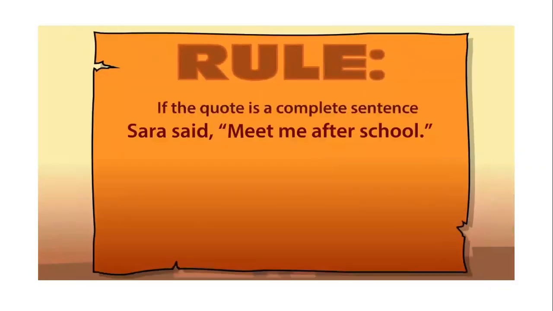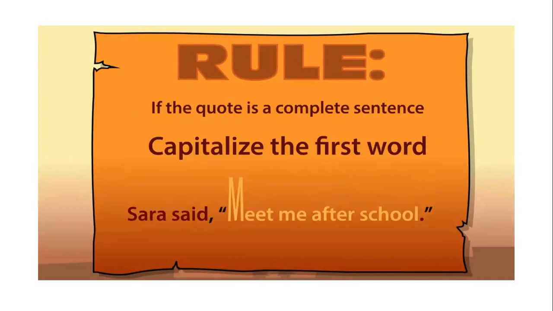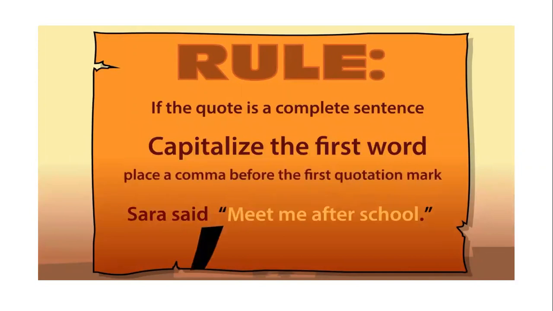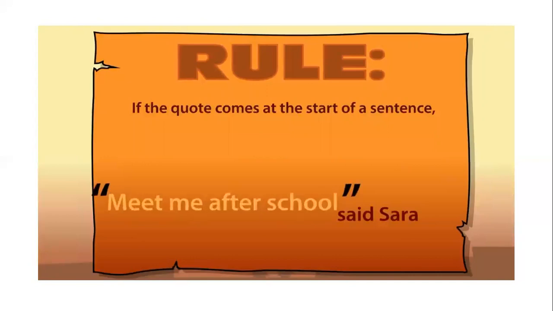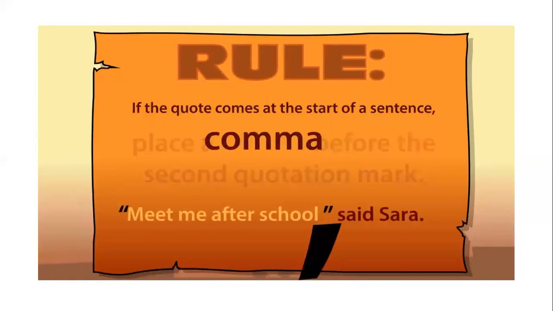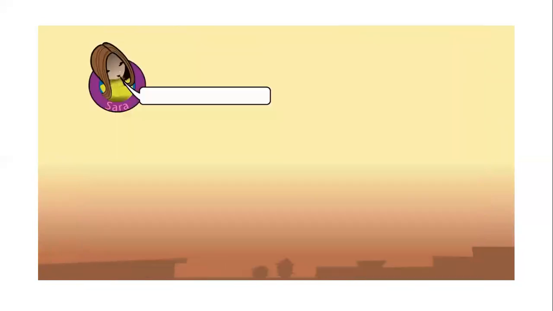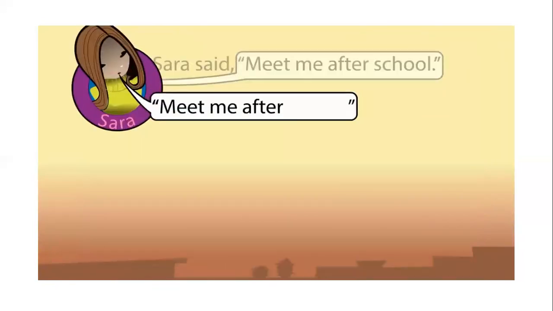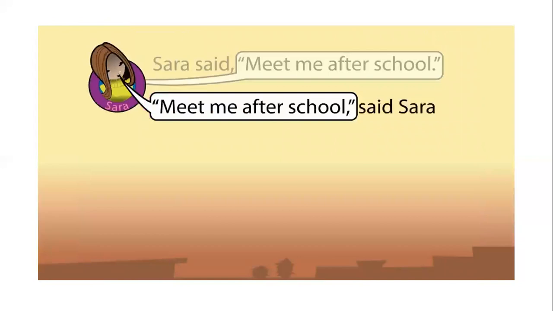If the quote is a complete sentence, capitalize the first word. Place a comma before the first quotation mark. If the quote comes at the start of a sentence, place a comma before the second quotation mark. Meet me after school, said Sarah.